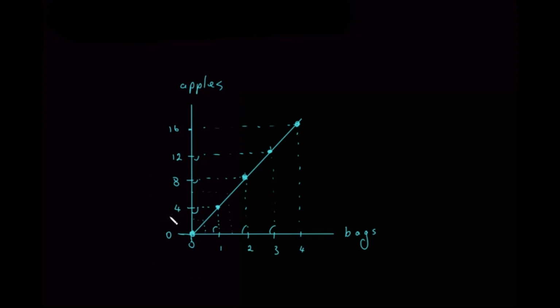Sometimes you don't have them line up 0 to 0. Suppose we have here instead degrees centigrade, degrees Fahrenheit. 0 centigrade is in fact 32 degrees Fahrenheit.